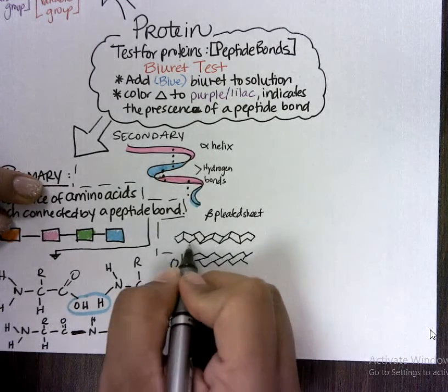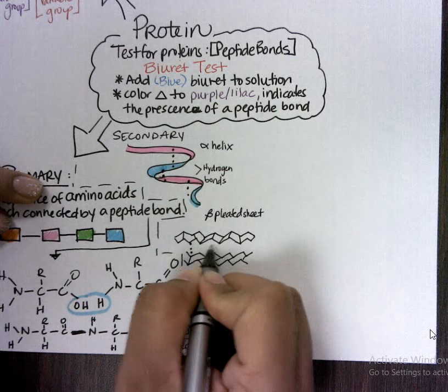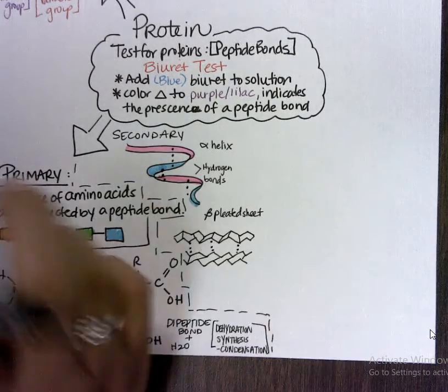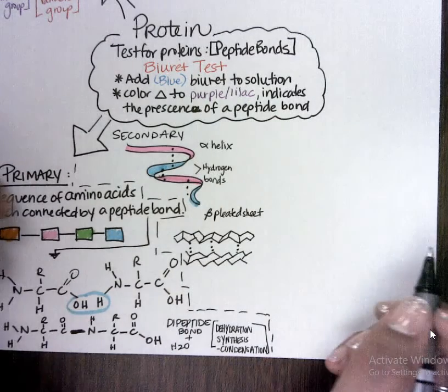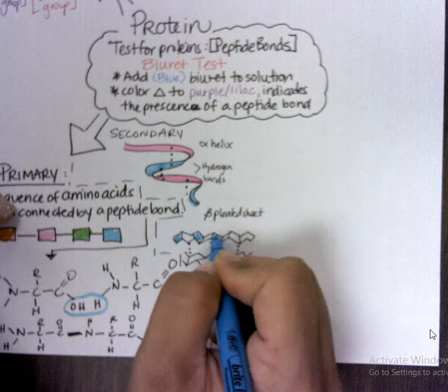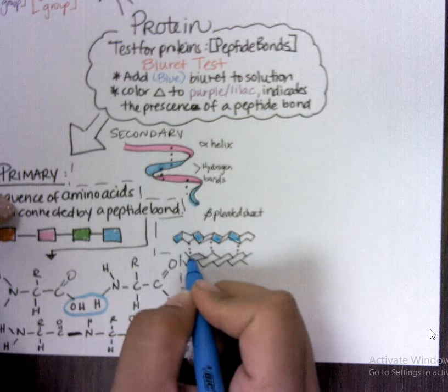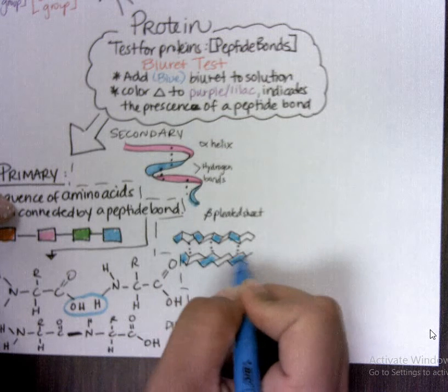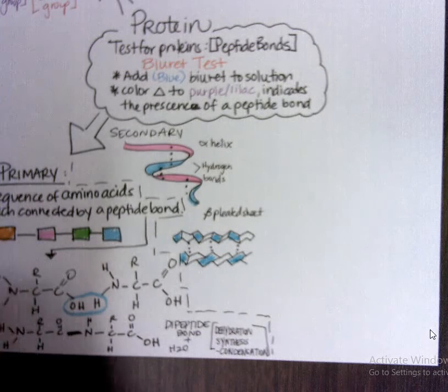Now here, you're going to have your hydrogen bonds still form in between these two pieces of amino acids. So this is a beta pleated sheet, so you might see something that looks like this. Sorry, this is not drawn to scale, but hopefully you kind of get what I'm going at.